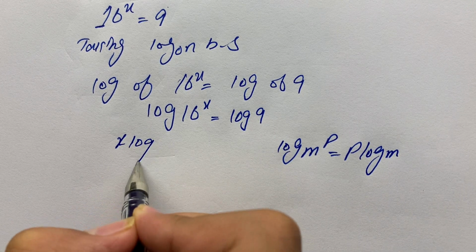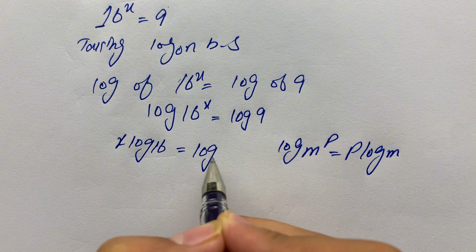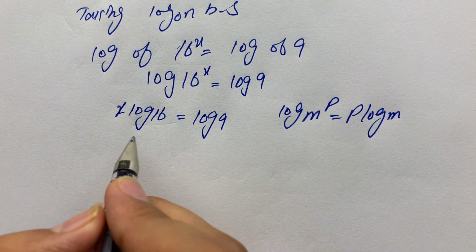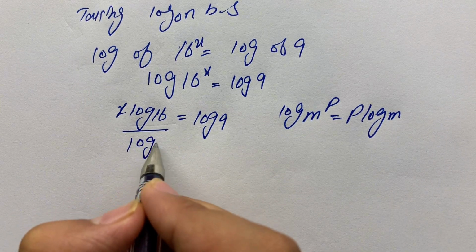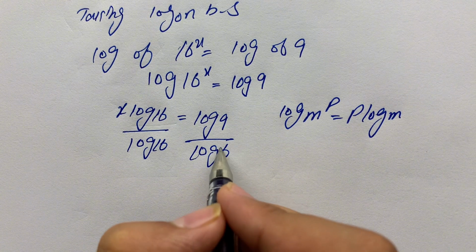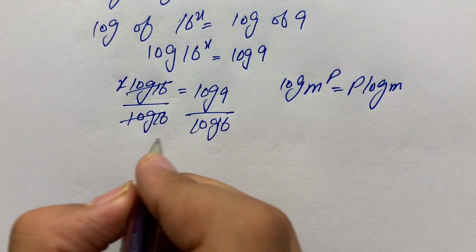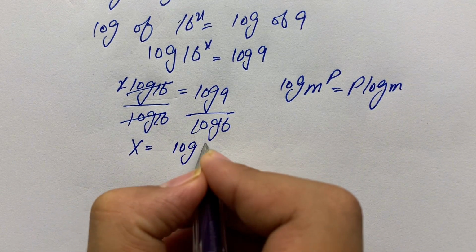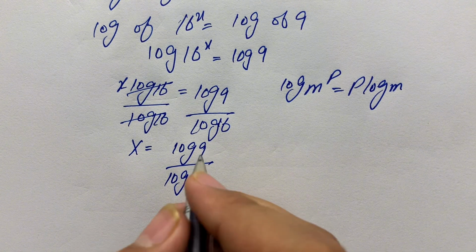x log of 16 is equal to log of 9. So this divided by log of 16, this divided by log of 16, this cuts with this, and x is equal to log of 9 divided by log of 16.